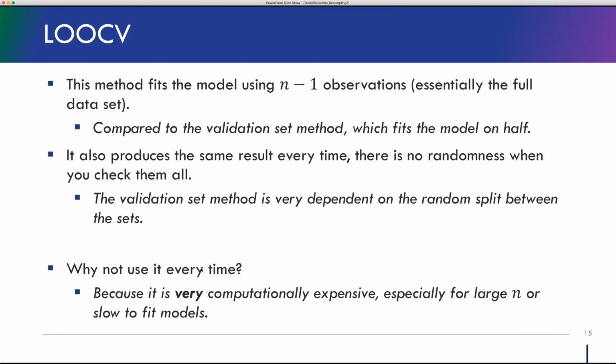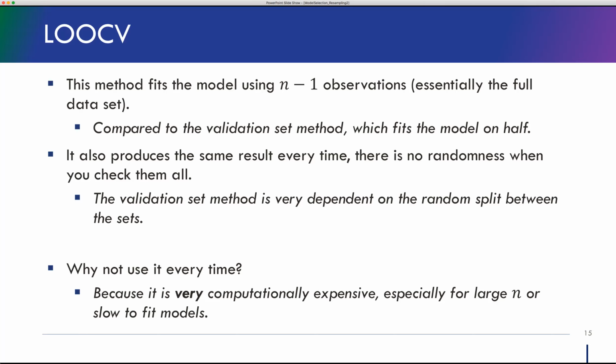Why not use leave one out all the time? Because it's very computationally expensive, especially if you have a really large data set, or your model is very slow to fit. It's almost impossible to use leave one out cross-validation.